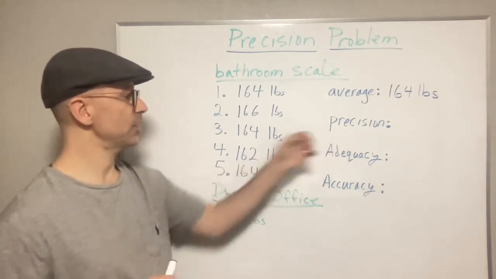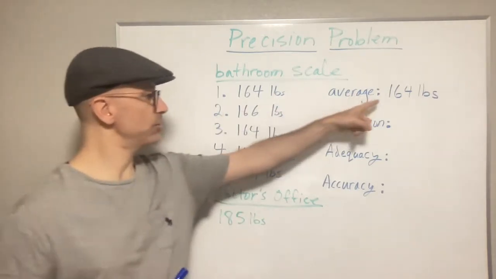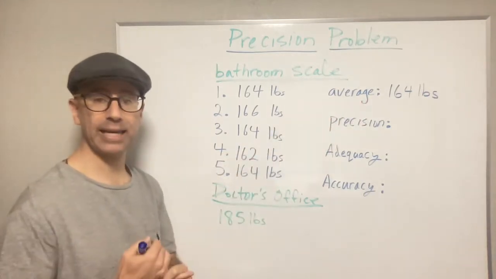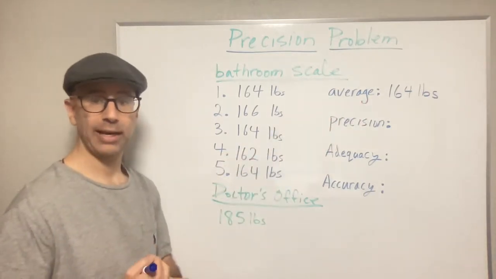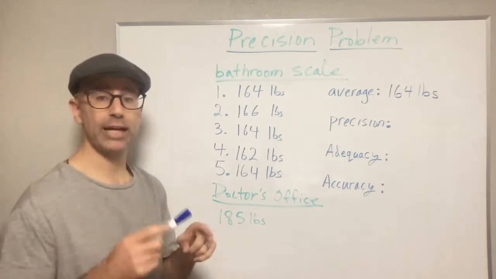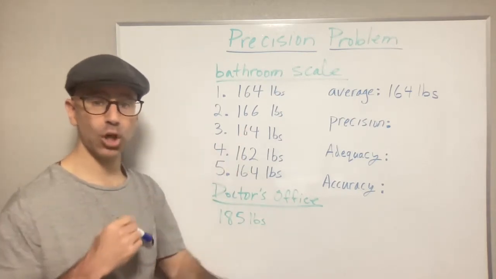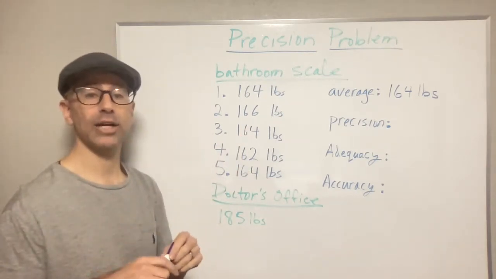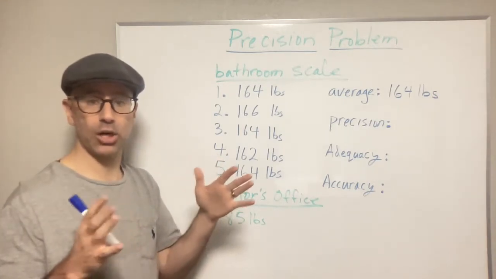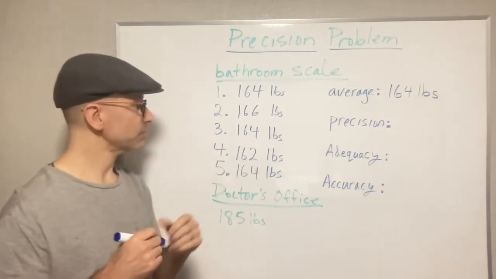So the precision of this is done such that you're going to use the average and you're going to subtract your average from the highest and lowest values. And so the rule is that when you subtract your average from the highest and then you subtract your average from the lowest value, you're going to take the largest difference. That means the largest or the least precise measurement.